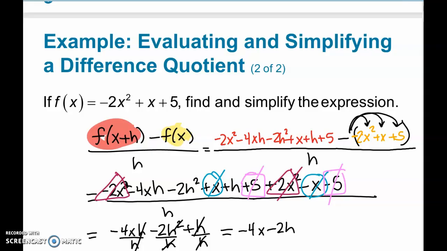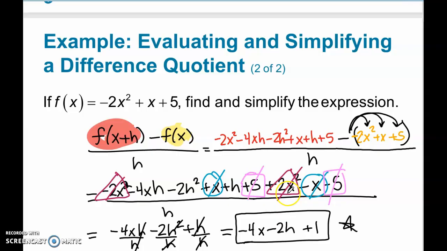And then the h divides out the h. H divided by h will be 1. This will be the difference quotient here. And then we've simplified the expression. So this I plugged in, I got the difference quotient, combined like terms, simplified the expression. This is my answer here.